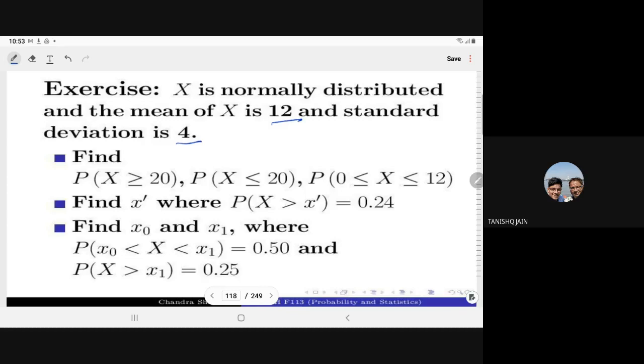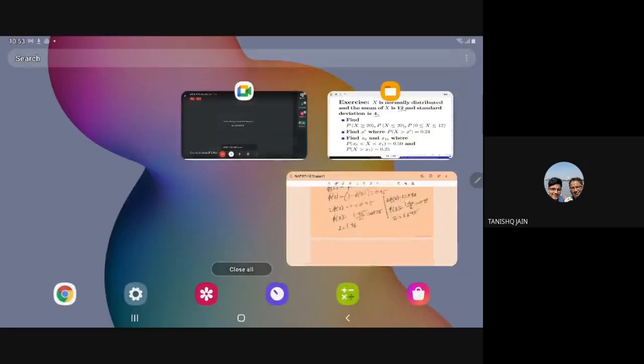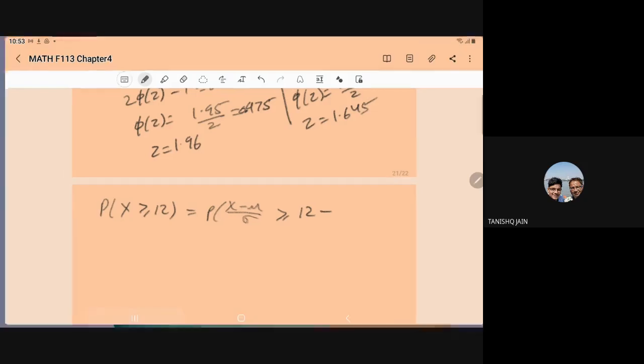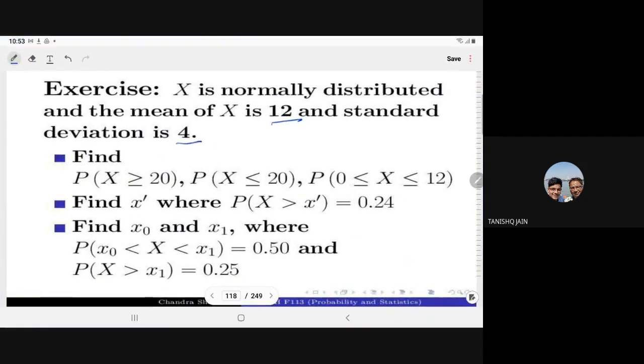So how can we compute? I have already explained. Probability x greater than or equal to 20 can be written as probability (x minus mu) upon sigma greater than or equal to (20 minus 12) upon 4.